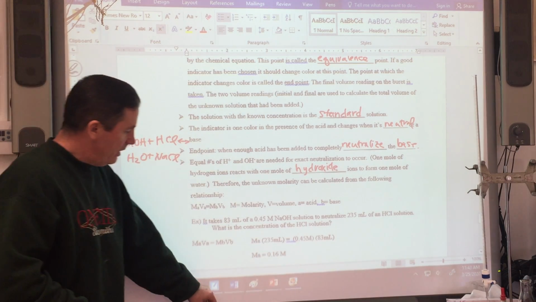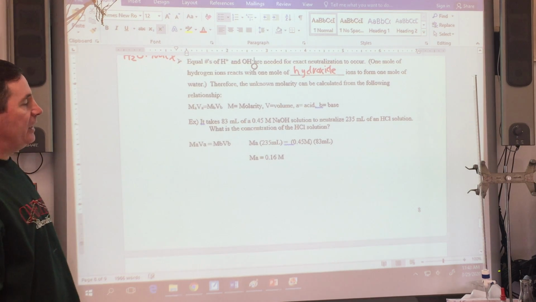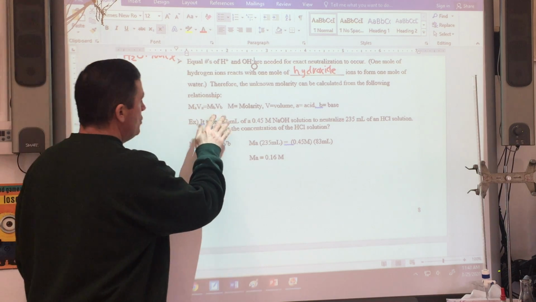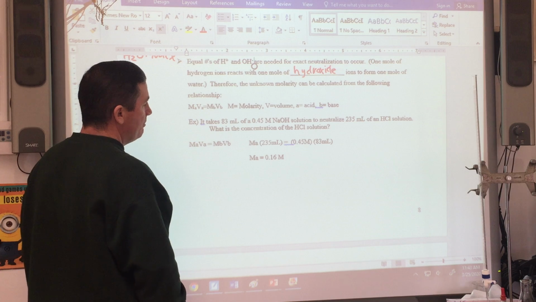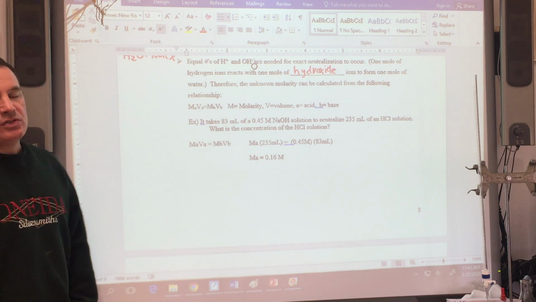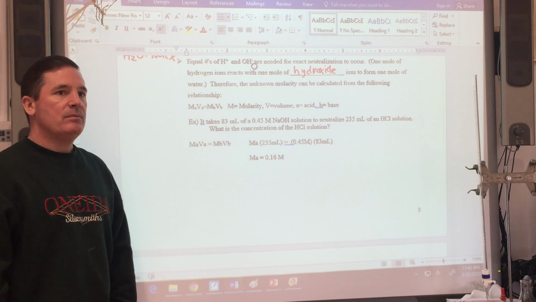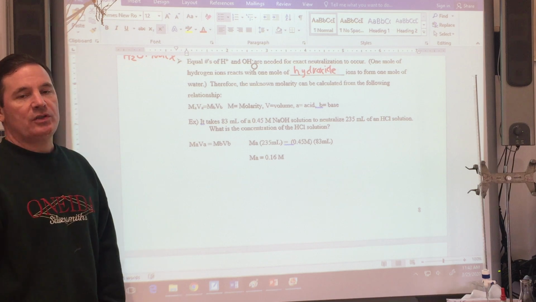All right? Now, once we have that, how do we figure out what the molarity is? Here is the relationship: MAVA equals MBVB. Earlier on in the solutions unit, we did a type of question called solution dilution.